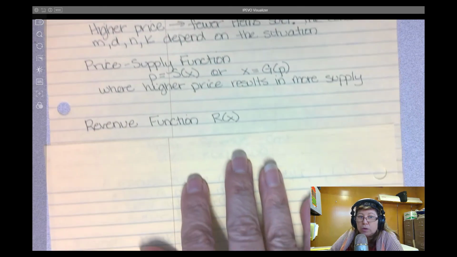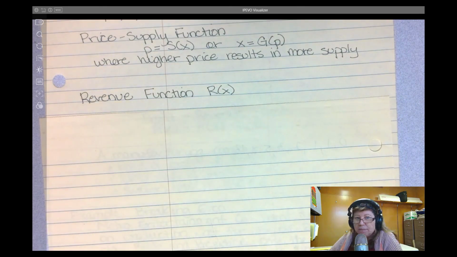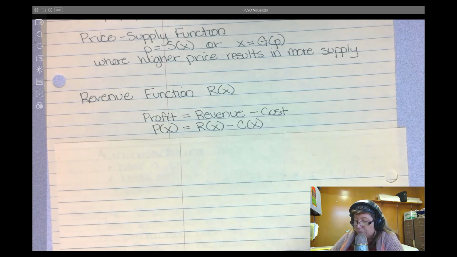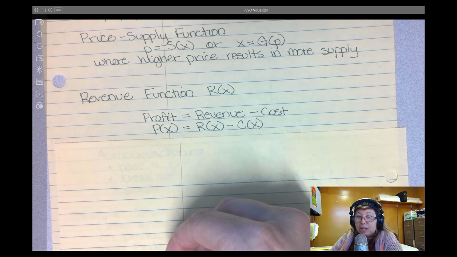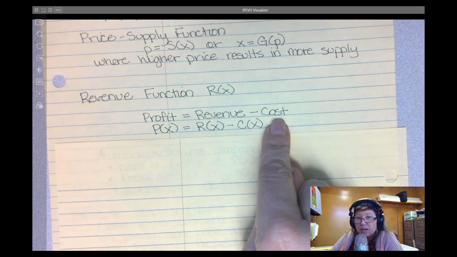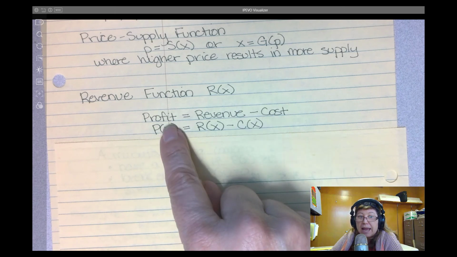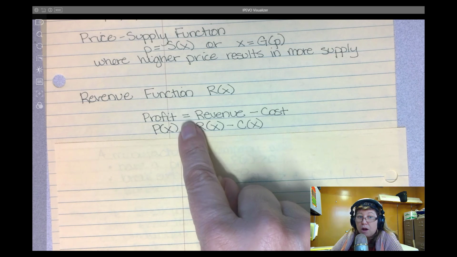Now let's get down to what really is going to hit you hard, which is the revenue function. Revenue is the amount of money that you get in by selling your objects. But you have to take away the cost of the item to be able to make a profit. So revenue minus cost equals profit.